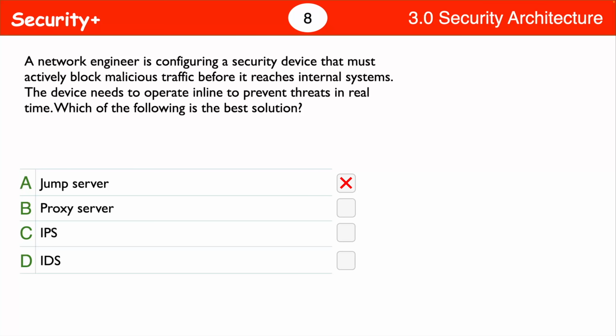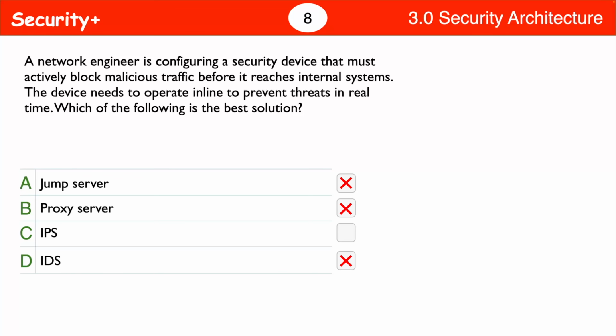Next, we can eliminate D, IDS, and that stands for Intrusion Detection System, and that's only going to detect threats and generate alerts, but does not actively block malicious traffic. So that leaves us with proxy server or IPS. If you know what IPS stands for, this is a very easy question. With that said, we can rule out B, proxy server.